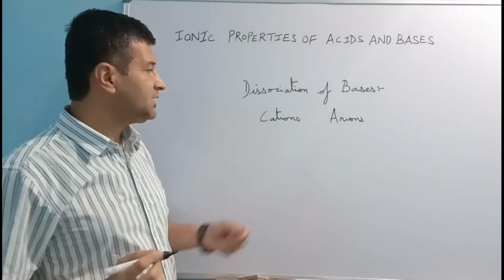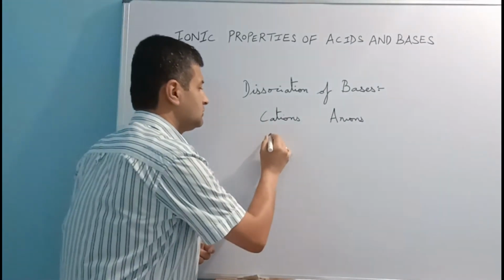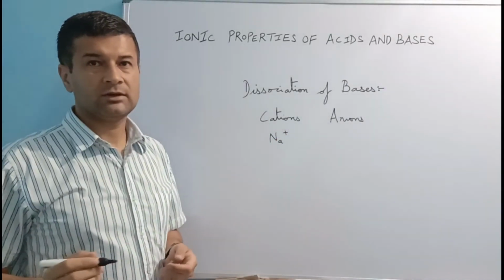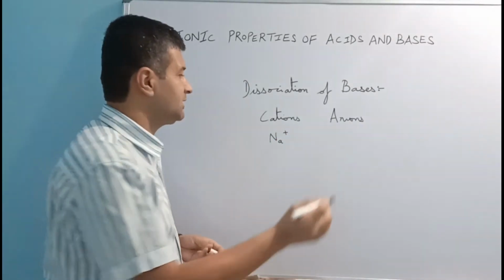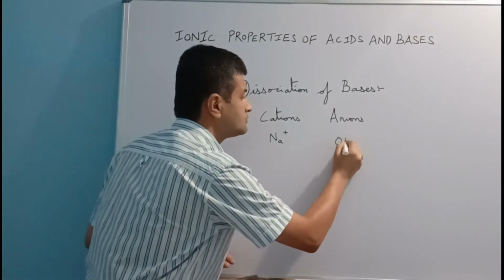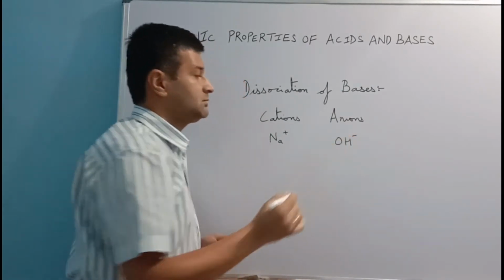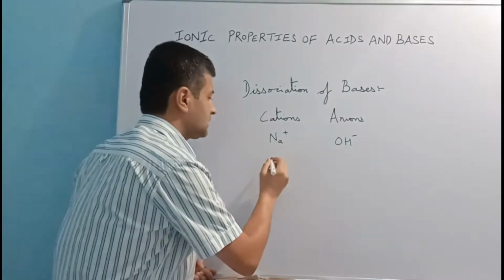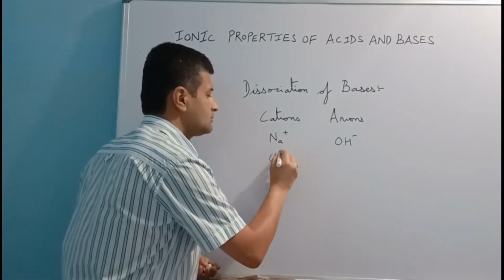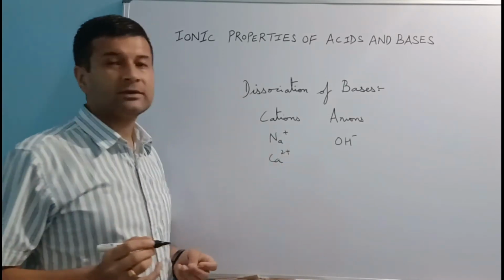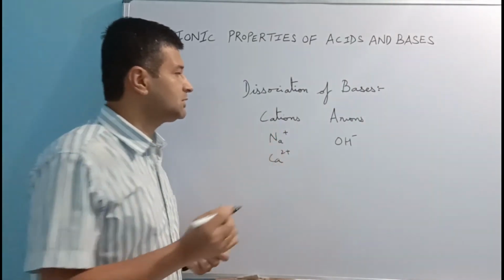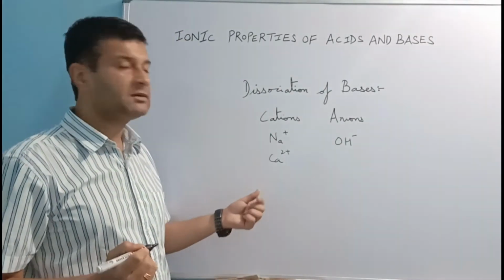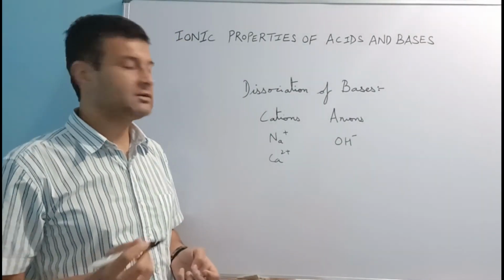Bases contain cation such as Na plus in case of sodium hydroxide, and contain OH minus as anions. It contains Ca2 plus as cation and OH minus as an anion in calcium hydroxide.